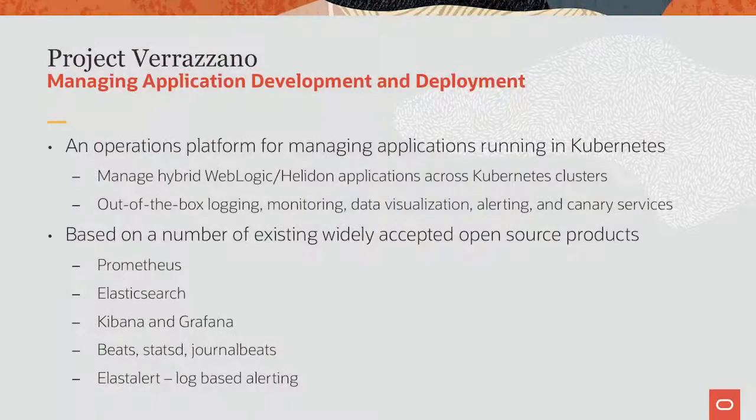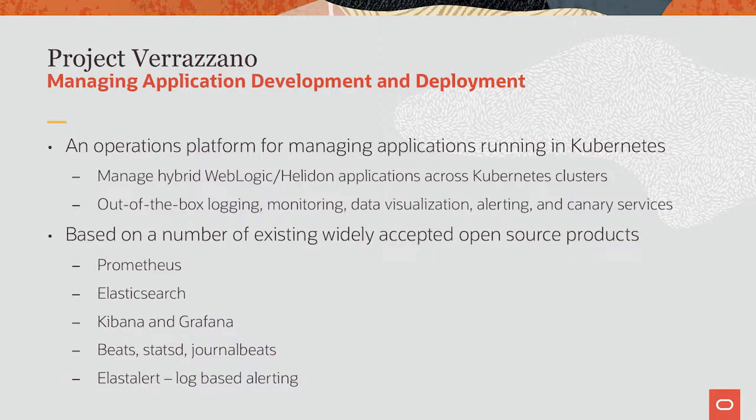And so Project Verrazzano, which is an interesting name, is a project that we are working on where we basically create a curated set of open source tools that are very popular in a microservice environment: Prometheus, Elasticsearch, Grafana, and so forth. And so we're creating an environment, a management platform and a management environment for Kubernetes.